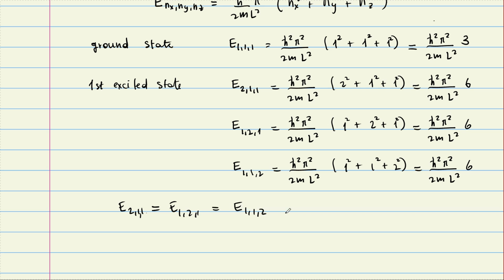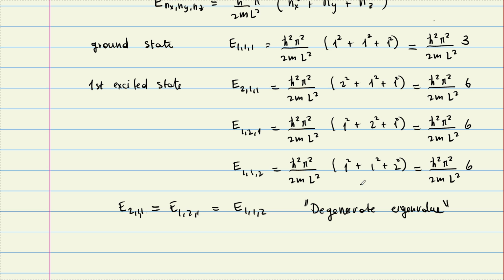This is not a bad thing, but the word is bad: degenerate. Degenerate people are bad, but degenerate energy states, there's nothing wrong with that. This is just a name. It means there are multiple states with the same value, degenerate eigenvalues.